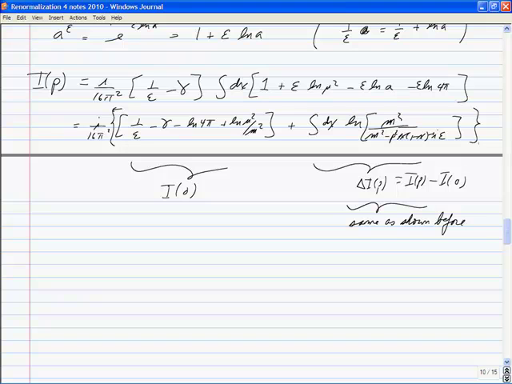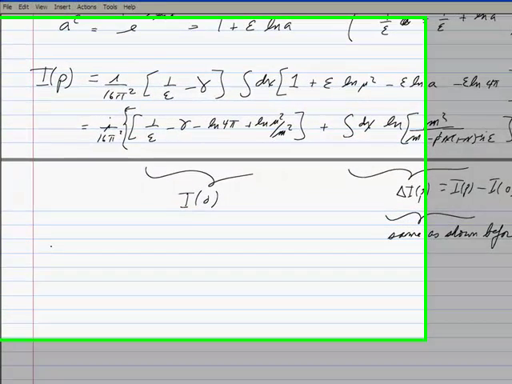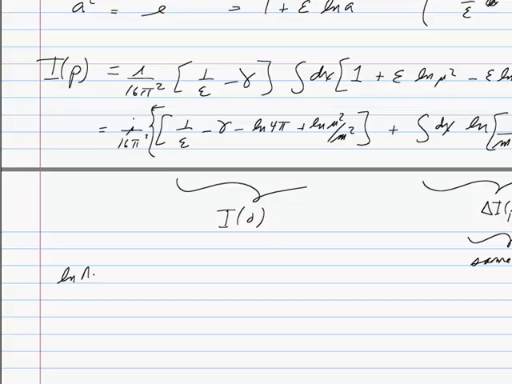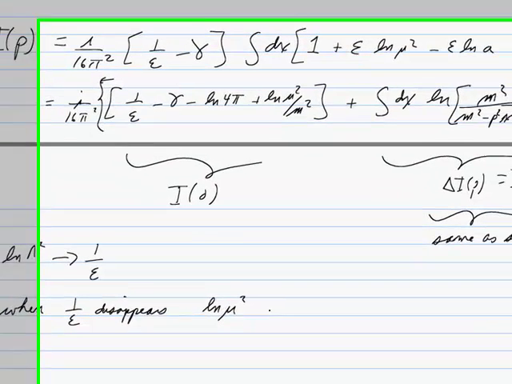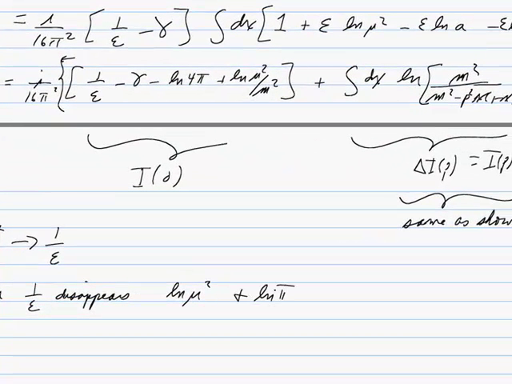Okay. So a couple things you can see here. In I of 0, previously we had log lambda, that turns into 1 over epsilon. So the divergence looks like 1 over epsilon. You can see here also when 1 over epsilon disappears, the log mu will disappear, and also this log 4 pi.